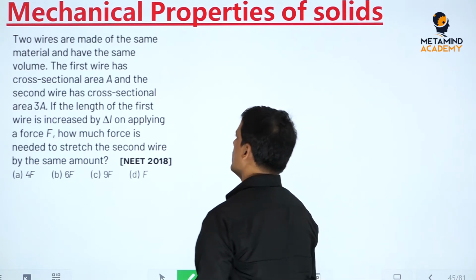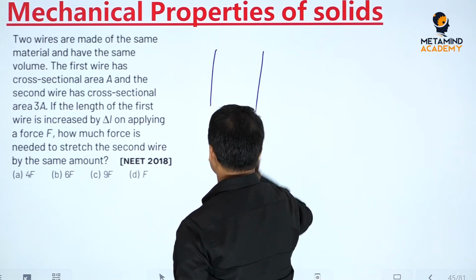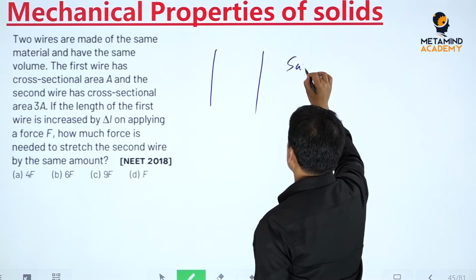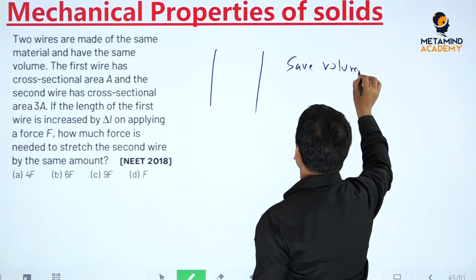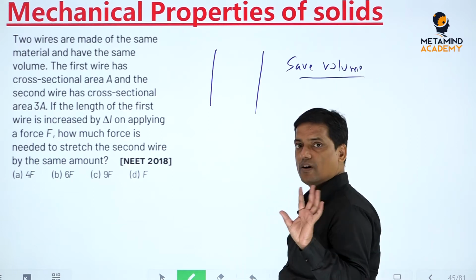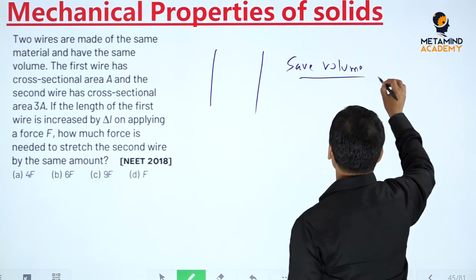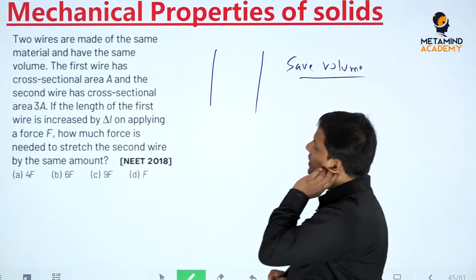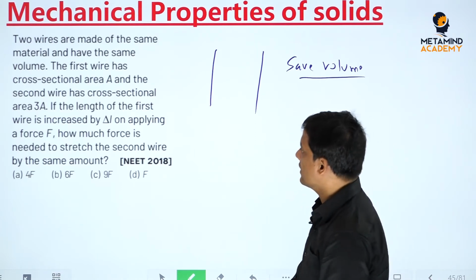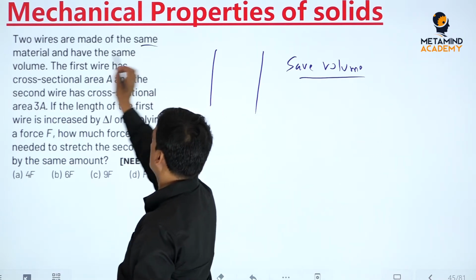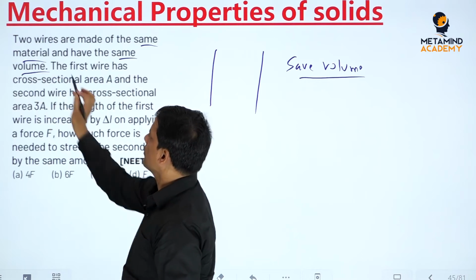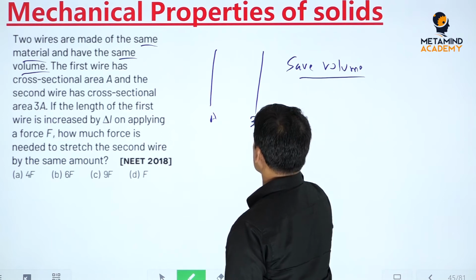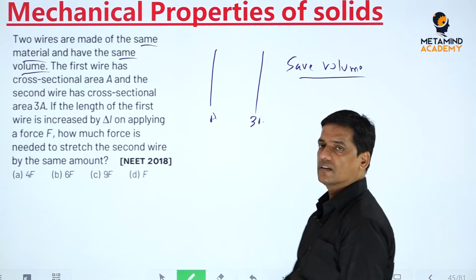So, you have wire 1 and wire 2, having the same volume. Same volume is a very important keyword here. And they are of the same material, so their modulus of elasticity is the same.